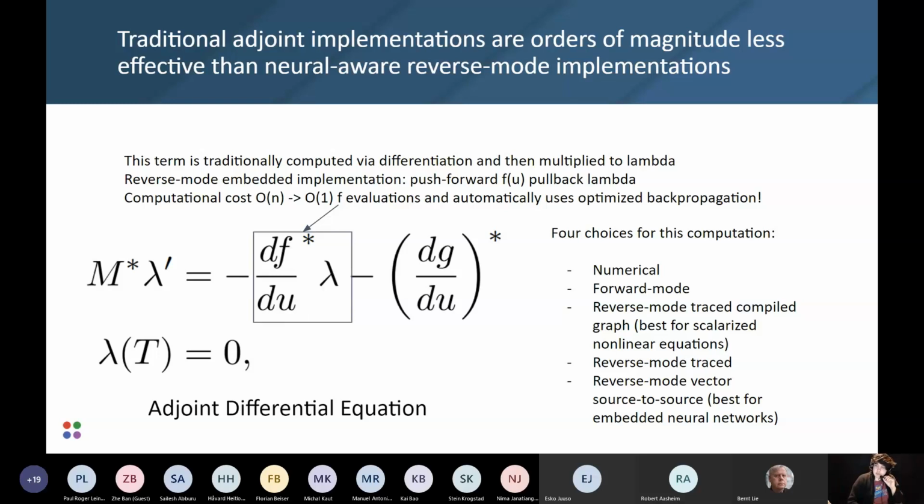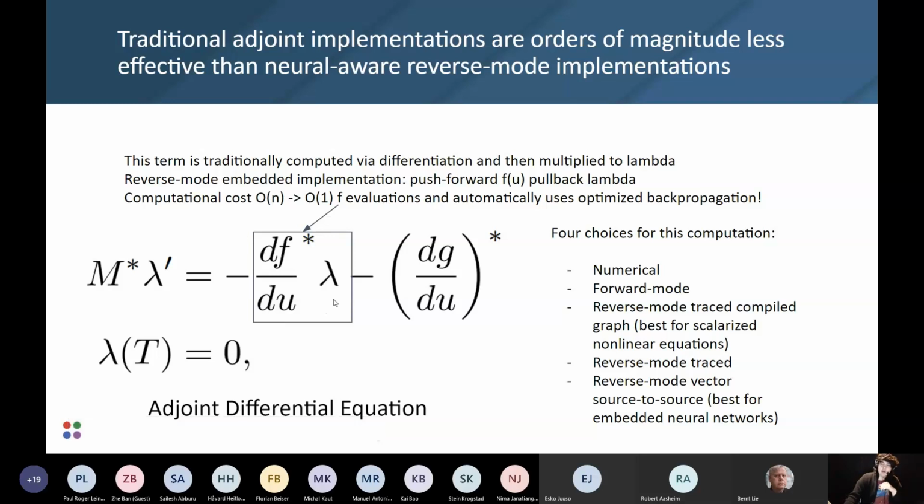And so what we did inside of this adjoint method, right? If you use a differentiation call on the differential equation solver, it will automatically replace the reverse mode of the differential equation by solving an adjoint equation to be able to come up with the derivatives. And within this adjoint equation, it is using reverse mode automatic differentiation to accelerate the way that it's calculating the most expensive term of the adjoint equation.